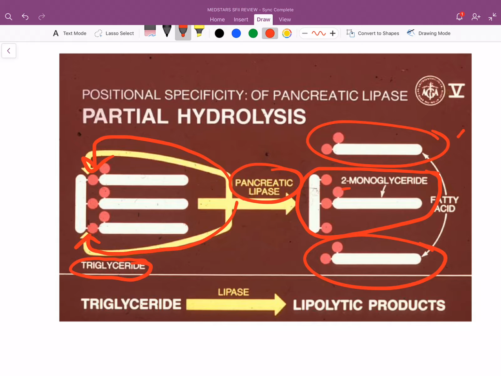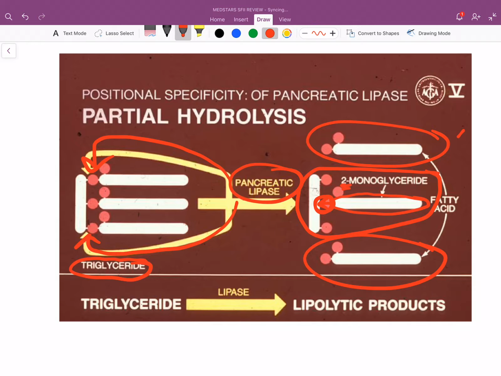Now, people get confused all the time because in text when you're reading it, you would see the number 2 on there. That number 2 represents the carbon number of where this free fatty acid is attached to. It's attached to the second carbon. That's why the number 2 is there.